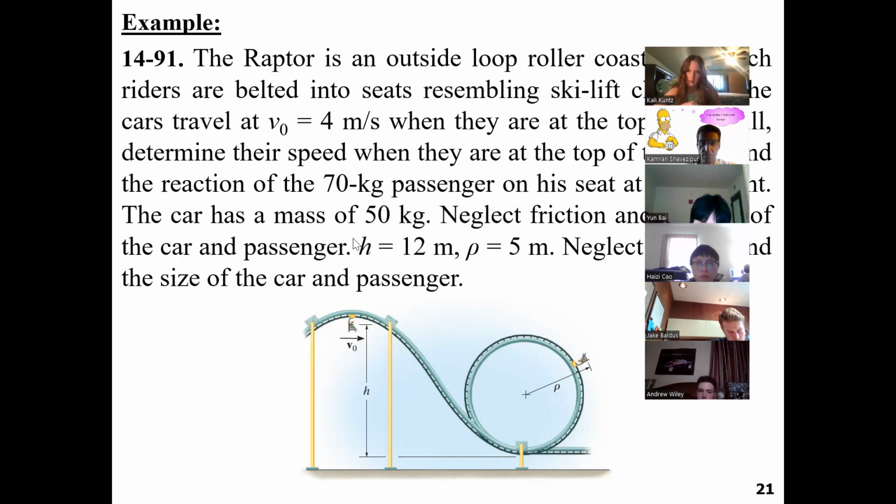Should I call someone? How about the majority of the class? Kelly, when you go up, what happens? What do you feel? You feel heavy because it's like pushing on you. It pushes you up. Technically, when you go up, you have an acceleration upward.